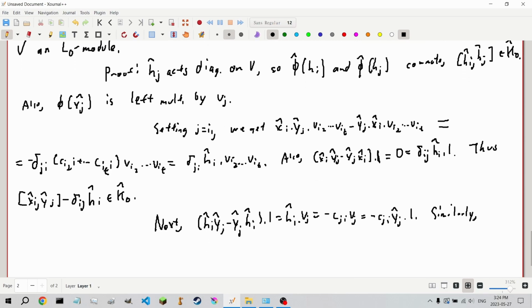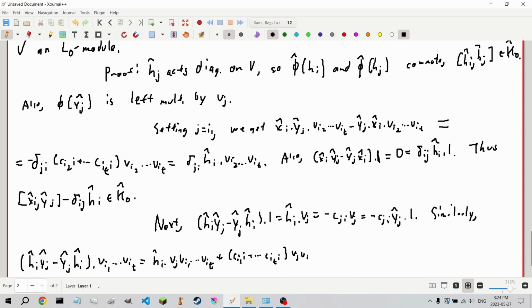Similarly, h hat i, y hat j minus y hat j, h hat i on v_i1 through v_it is h hat i v_j times v_i1 through v_it plus the sum of our Cartan c_i1i plus through c_iti, scaling up v_j times v_i1 through v_it, giving us negative c_ji of y hat j on v_i1 through v_it.